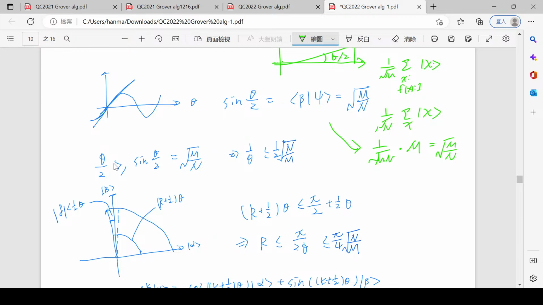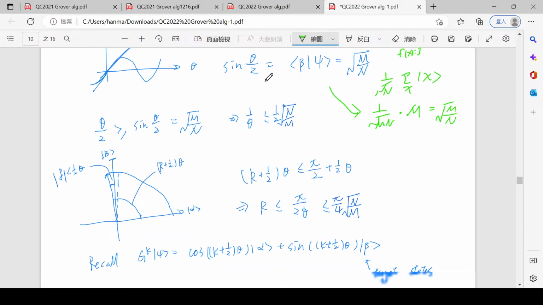And then you move things around, and you find out 1 over theta is less than 1 over 2 times square root of n over m. Okay.